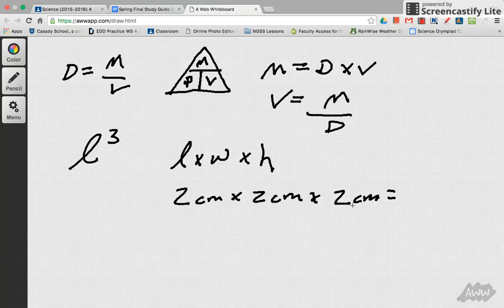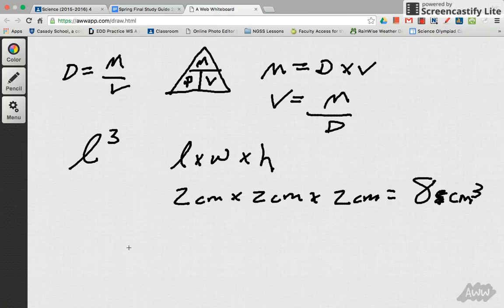That would be a cube. We'd have 2 times 2 is 4, times 2 is 8. So we'd have 8, and then a centimeter times a centimeter times a centimeter is a centimeter cubed. So the units, right, for a volume are cubed.